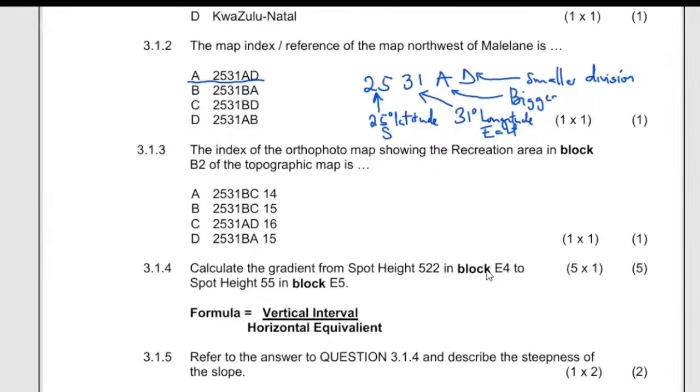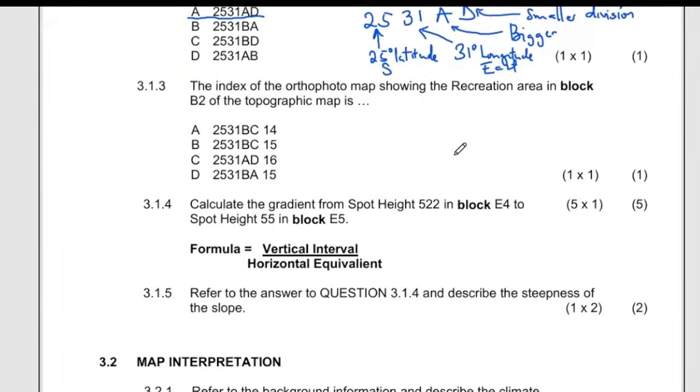Then we also subdivide them into smaller 4 for each. Right. So you are supposed to figure out how we do the referencing there. The index of the orthophoto map showing the recreational area in block B2. Again, we cannot do that. We're supposed to check on the map and look at the reference of the orthophoto map.